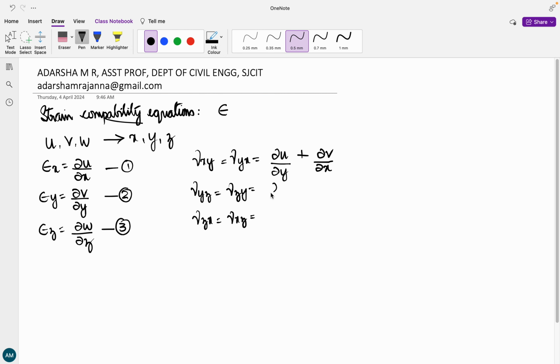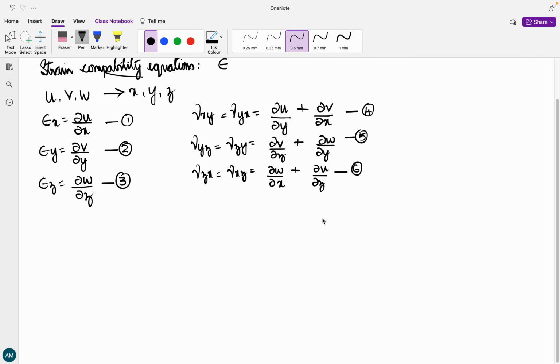Similarly, y and z: y means v, z means w, so first it's y, and it gets swapped like this. Then z and x: z means w, x means u. Now it gets swapped, so here you have dou z, here you have dou x. Let us call these equations 4, 5 and 6.